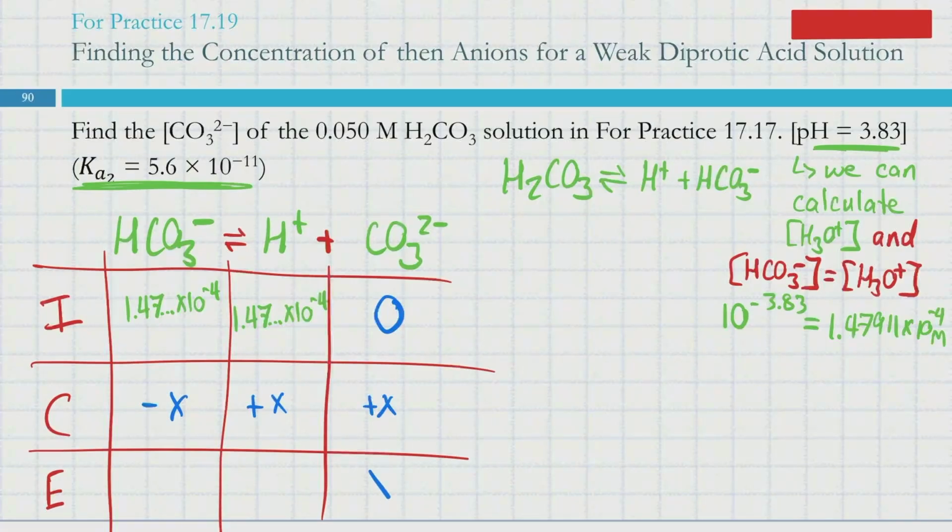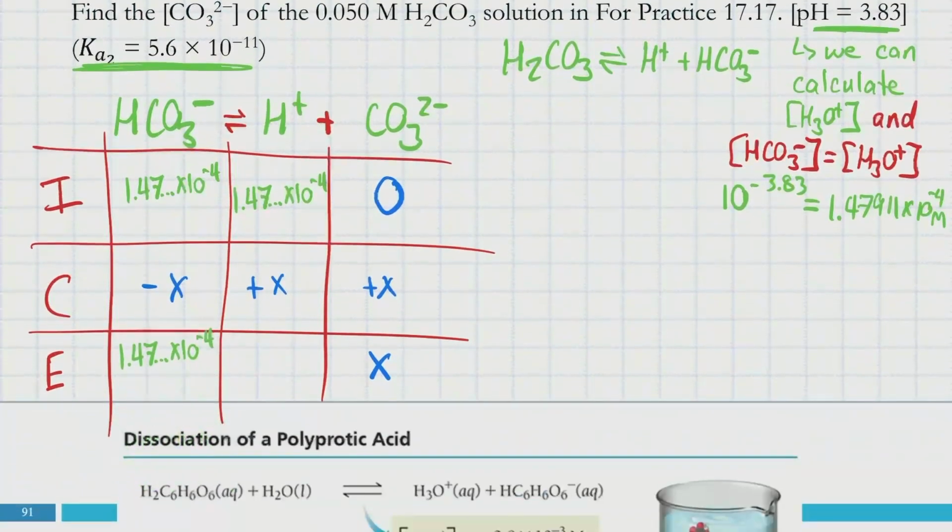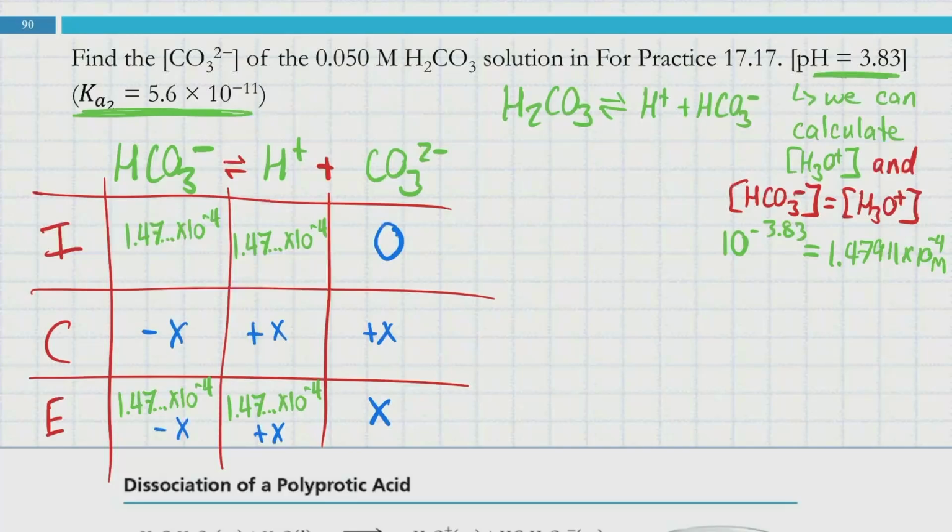We combine those to get our equilibrium values. So our ice table should look like that.